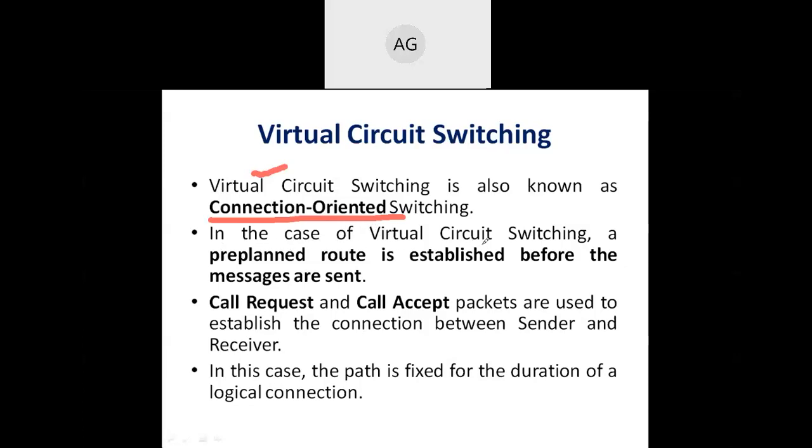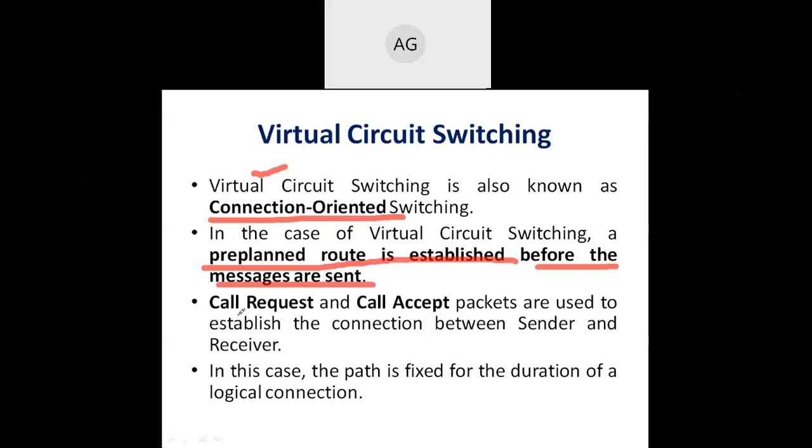In virtual circuit switching, a pre-planned route is established before the messages are sent. So before sending the message, we need to plan the route by which the packets are sent from the sender to the receiver.